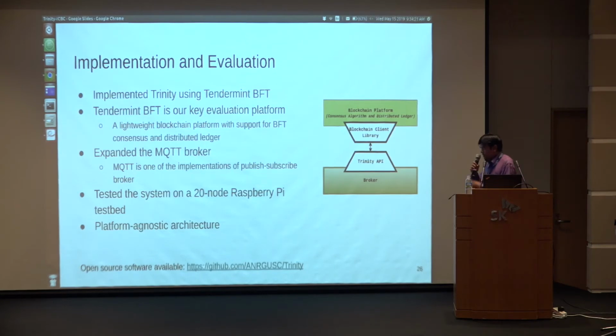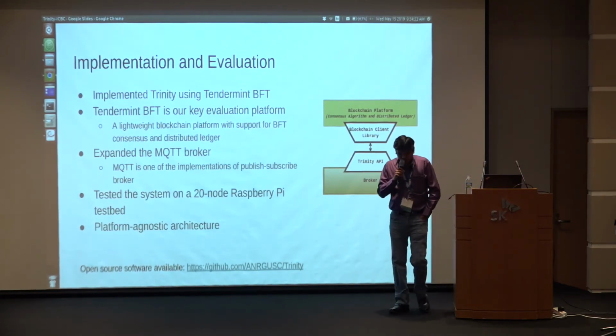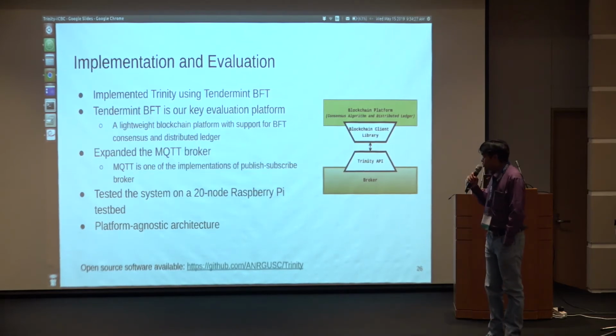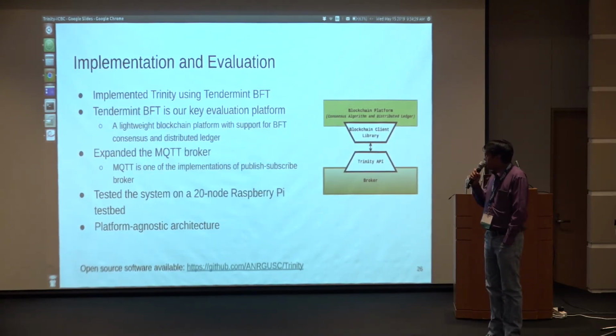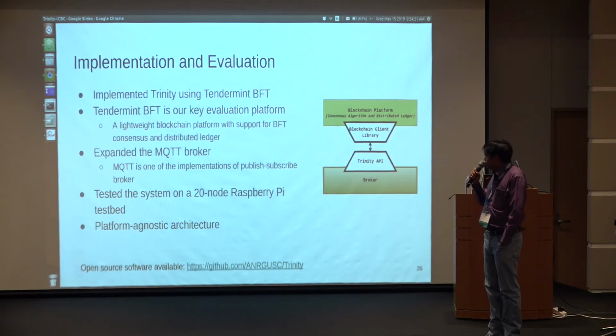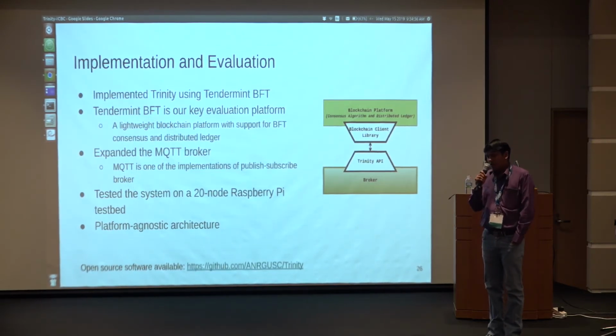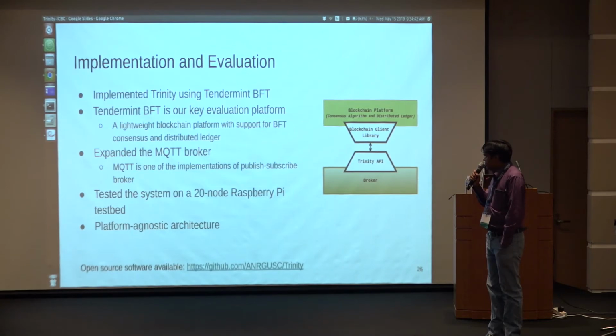So we did implement Trinity on a real consensus, using a real blockchain platform. In this case, we relied heavily on Tendermint BFT, which is one of the well-known and easy-to-use blockchain platforms out there. So we use that as a key evaluation platform.